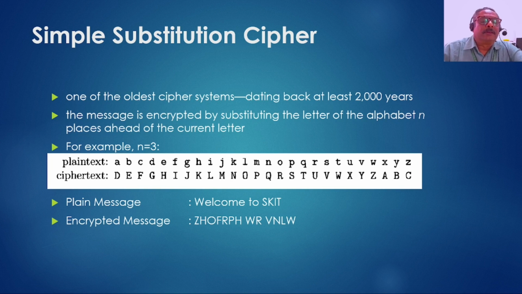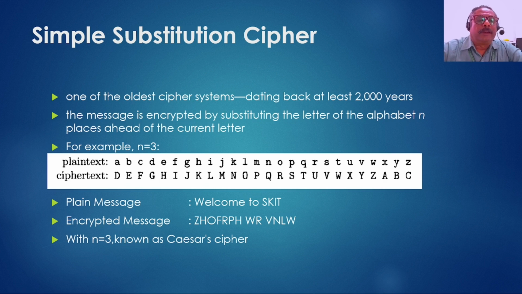So we look into the ciphertext, Z represents W, and H represents E, then O represents L. So we just read back and we get back the plain text. So n equal to 3 was known as Caesar's cipher, and we can have any value of n, but n equal to 3 was used by Caesar, and hence the name Caesar's cipher.